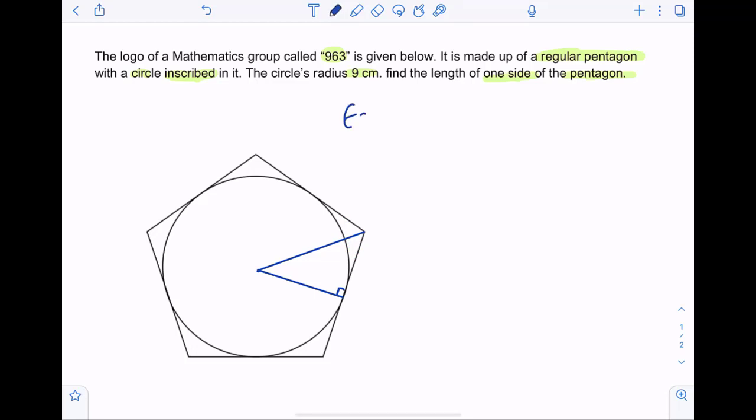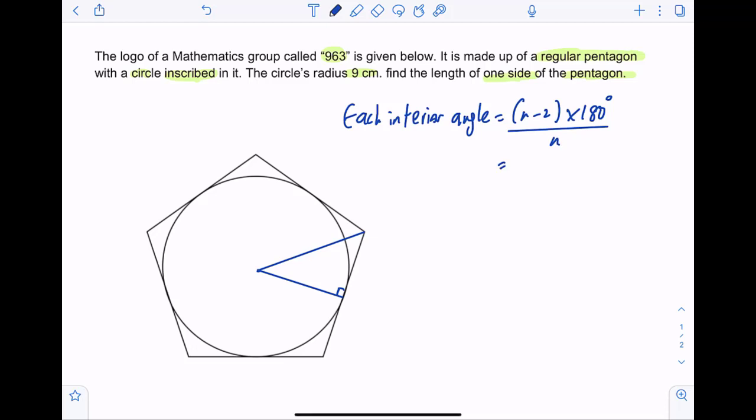So each interior angle will be equals to n minus 2 times 180 degrees, whole thing divided by n. That is for a regular polygon.